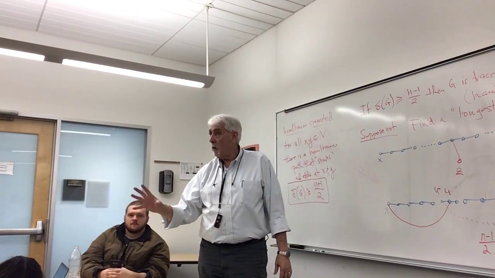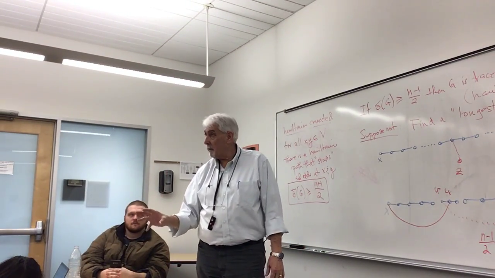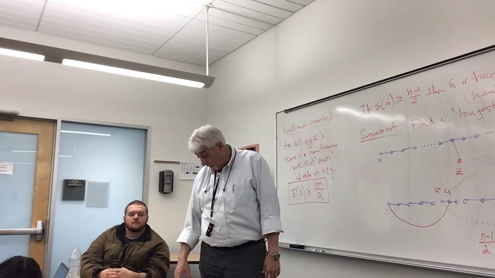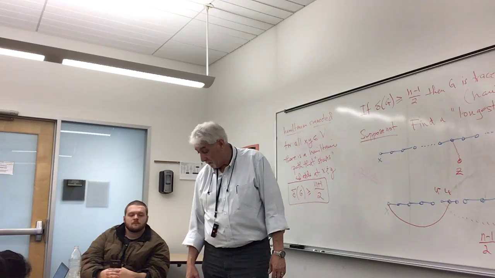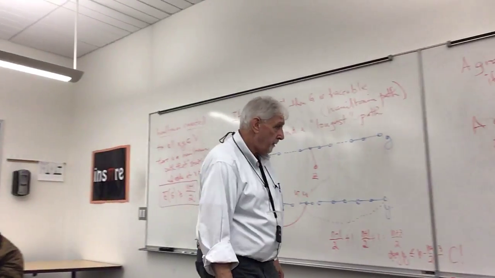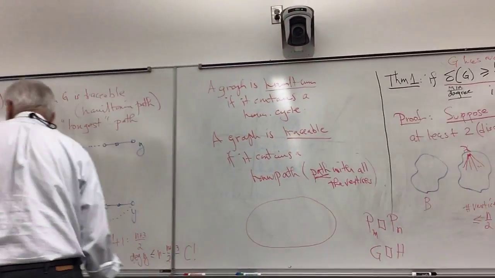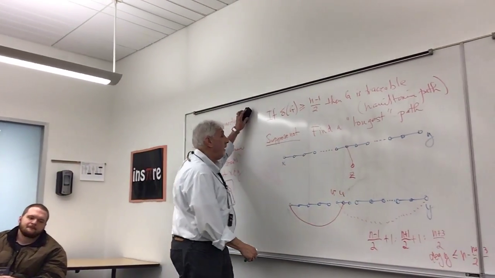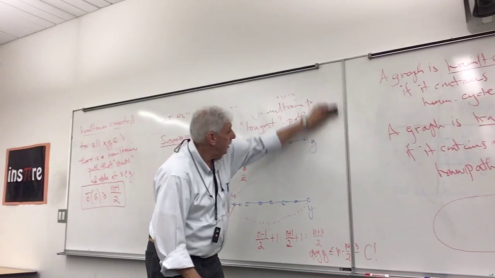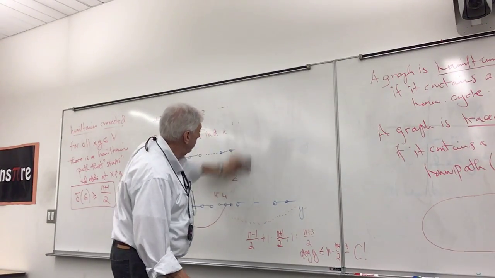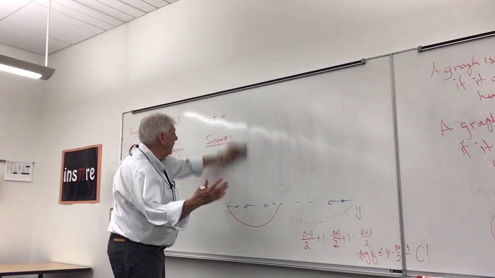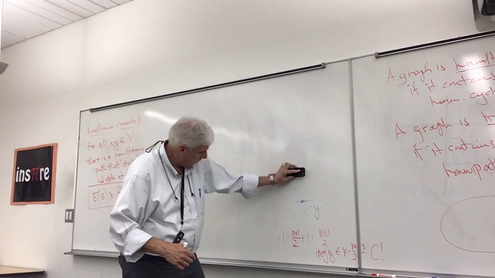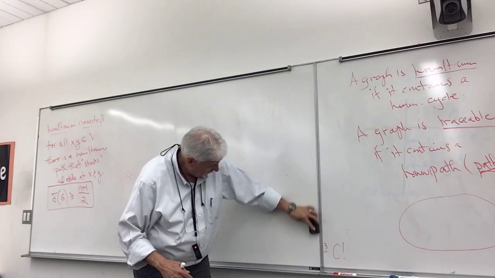I just want to quickly start by giving you something to think about over the course of your break. I know you got all this to think about, but if you look at page 237, here are 4 graphs on page 237. I know you can turn to that page, but I want to actually draw them up. Tell me what it means to be connected. We better know, because I proved something about it. What does it mean to be connected?